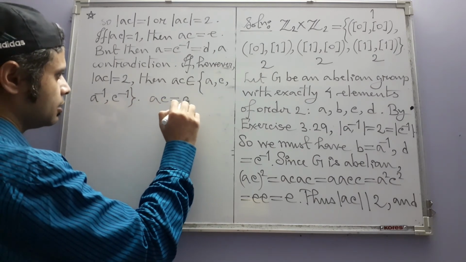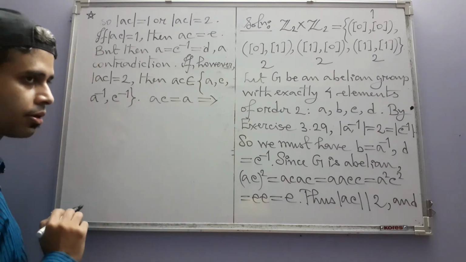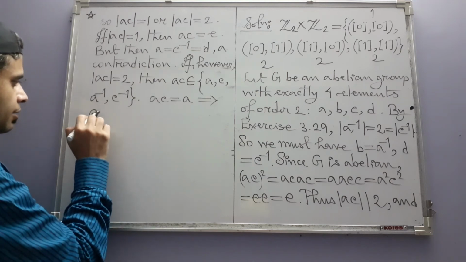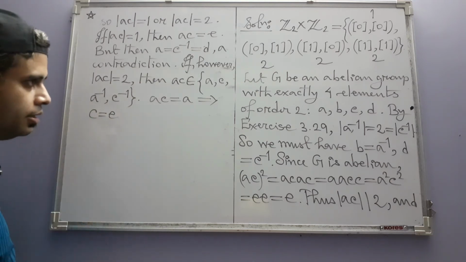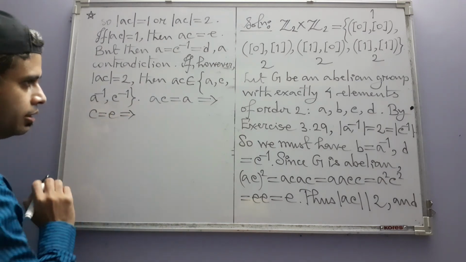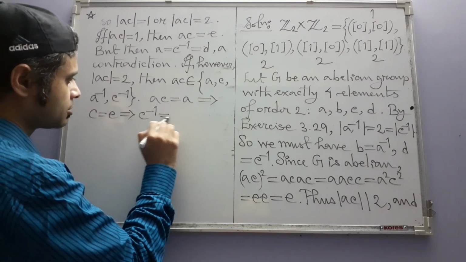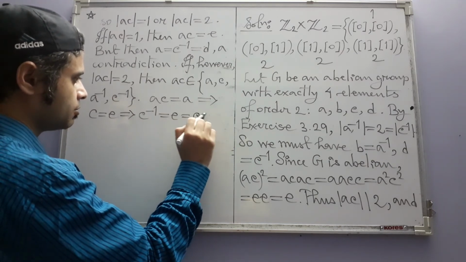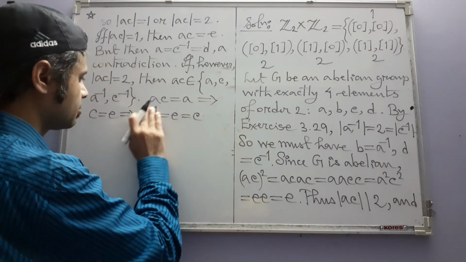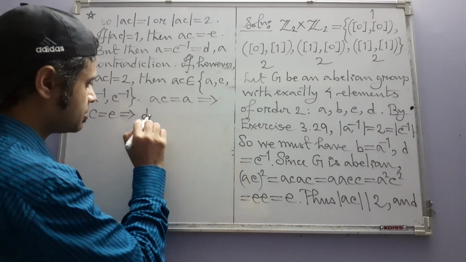If AC is equal to A, then by the cancellation laws in the group, you can cancel A from both sides and you will have C equal to E. But if C is E, then C inverse is also equal to E, which is equal to C, and C inverse, let me write like this, C inverse is D.